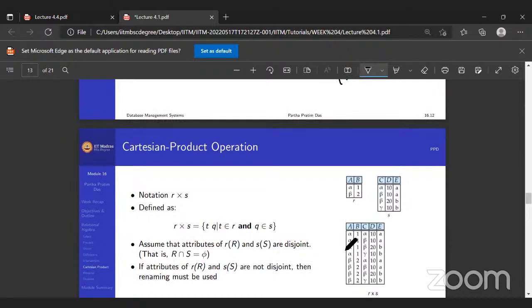Then the Cartesian product. Cartesian product is the same as what you learned in mathematics, right?